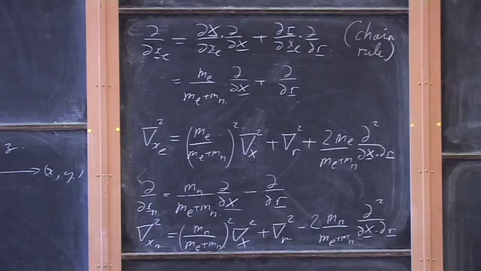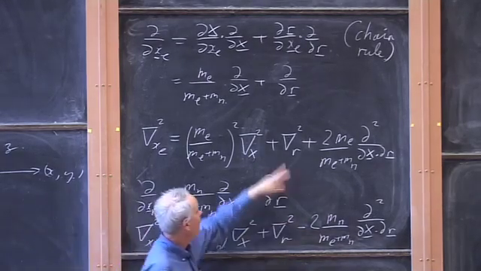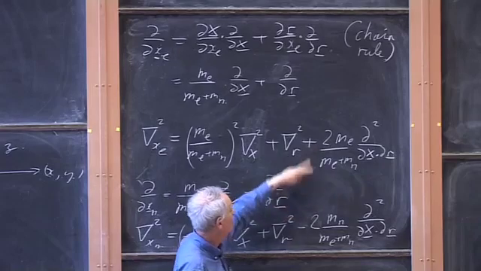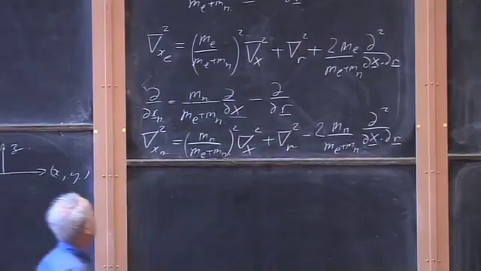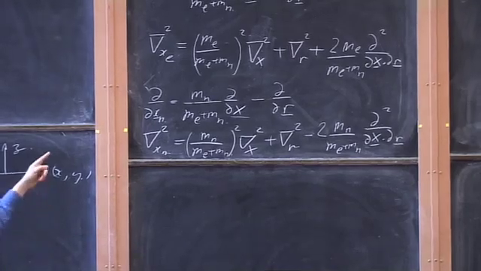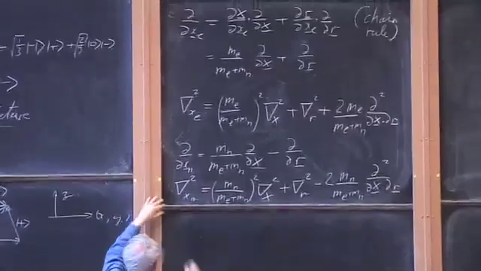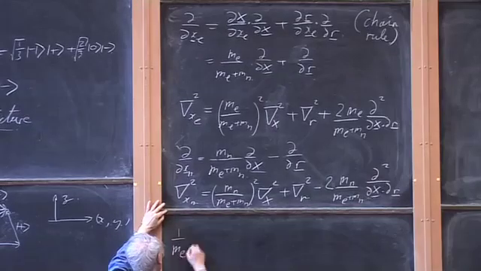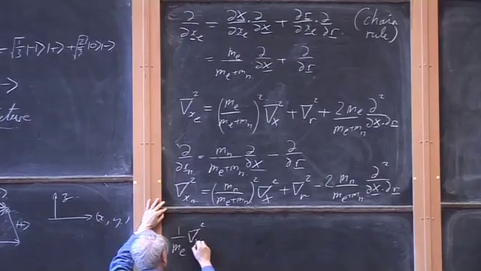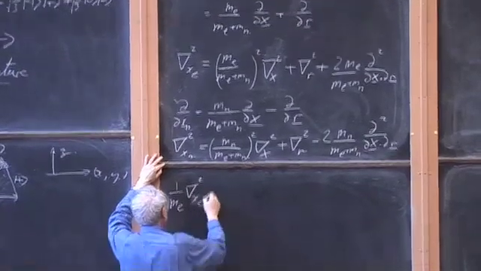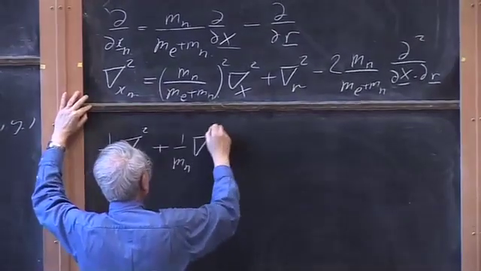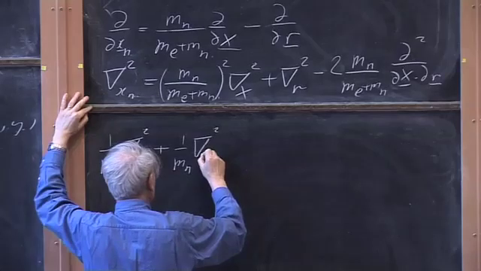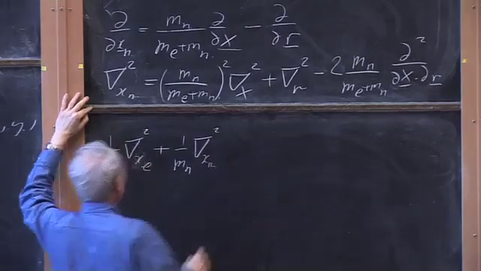So we have expressions which are very similar, but one has a plus sign, one has a minus sign. So what we want to do now is work out 1 over me del squared with respect to xe plus 1 over mn of del squared with respect to xn.